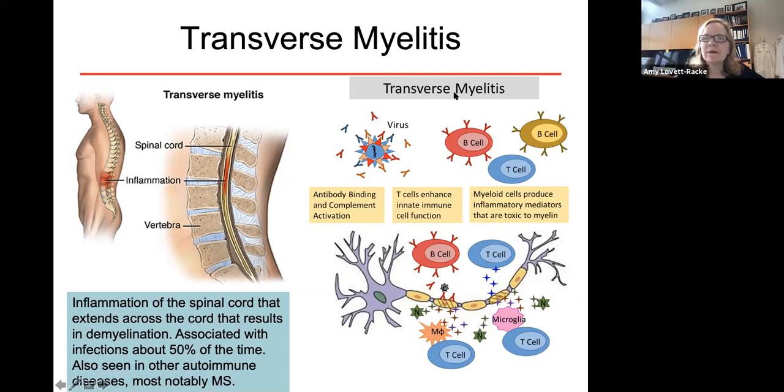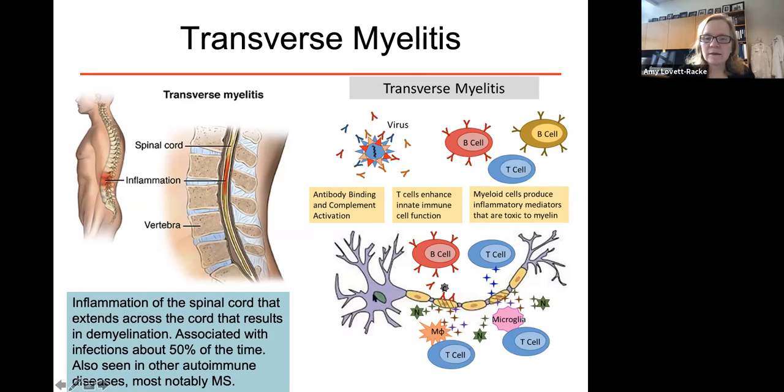Okay, so typically they recover, because of the demyelination and inflammation that occurs, but most patients do recover over weeks or months. But again, this is another case where about 50% of the time it's seen post-infection. The other 50% is in other autoimmune diseases, and it is commonly seen in patients with MS, where they get this extensive inflammatory lesion.